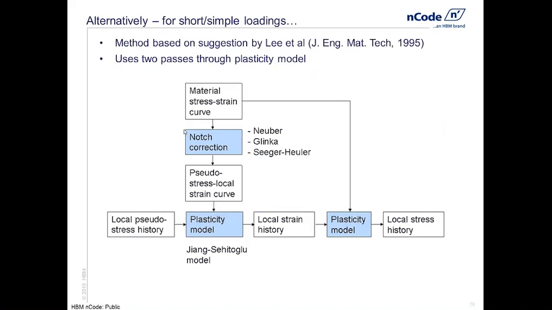So let's look first of all at the notch and plasticity modeling. The notch modeling scheme that we've got in DesignLife is based on a method proposed by Young-Lee Lee, who's now at Chrysler. This separates out the notch correction from the plasticity model.